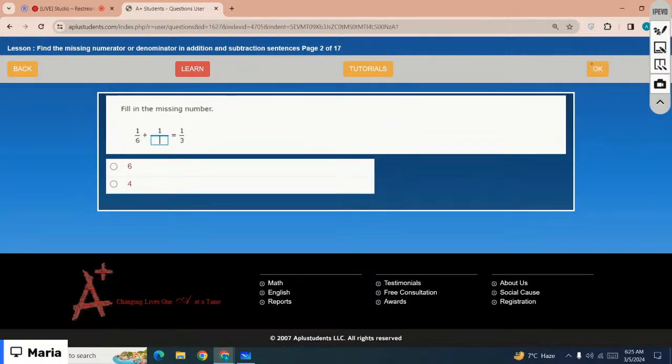The next one is 1 over 6 plus a missing number equals 1 over 3.